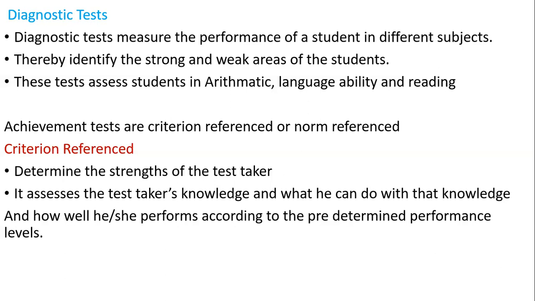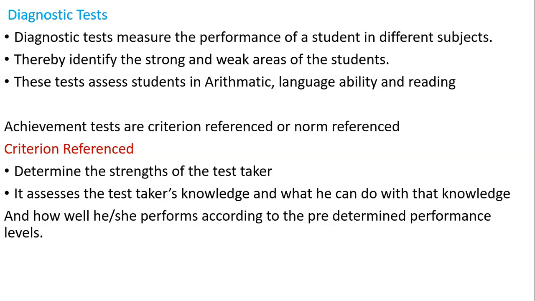Then these achievement tests are of two types: criterion reference and norm reference. What do we mean by criterion reference? Criterion reference means that we assess them according to certain criteria. By giving this, we measure the strengths of the test taker.